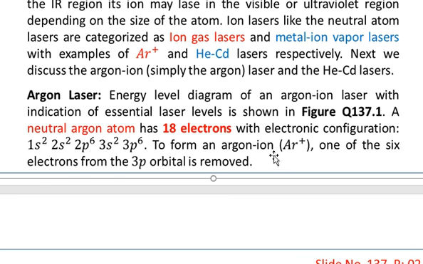To form an argon ion, one of the 6 electrons from the 3p orbitals is removed. So the last is the 3p orbitals having 6 electrons. One of the electrons will be removed, and then we are left with the 3p5 electrons for an ionized argon ion.